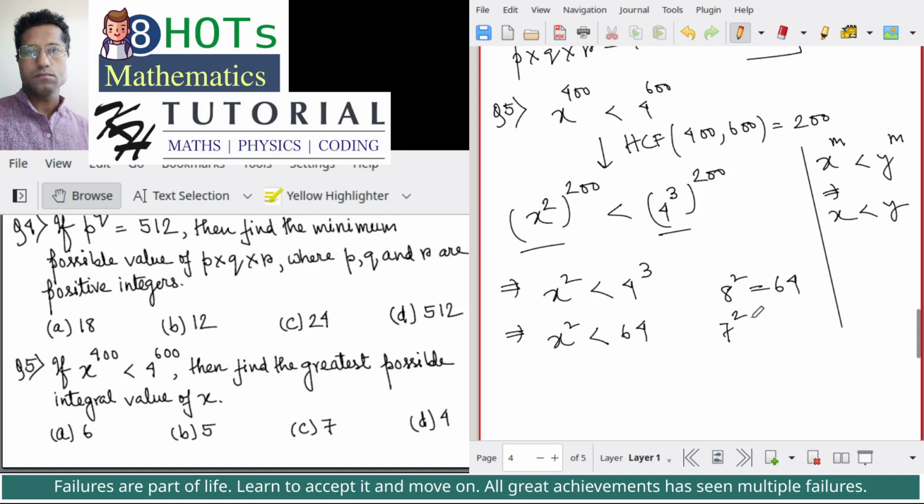Now what is 7 square? 7 square is 49, and definitely 49 is less than 64. So the greatest possible value of x is definitely 7, and hence the correct choice is C.